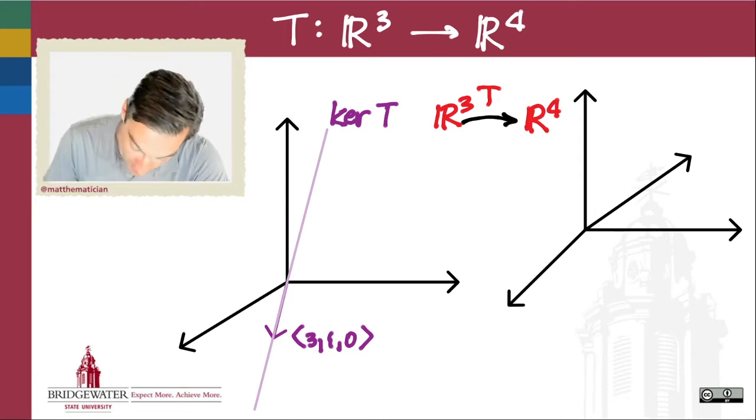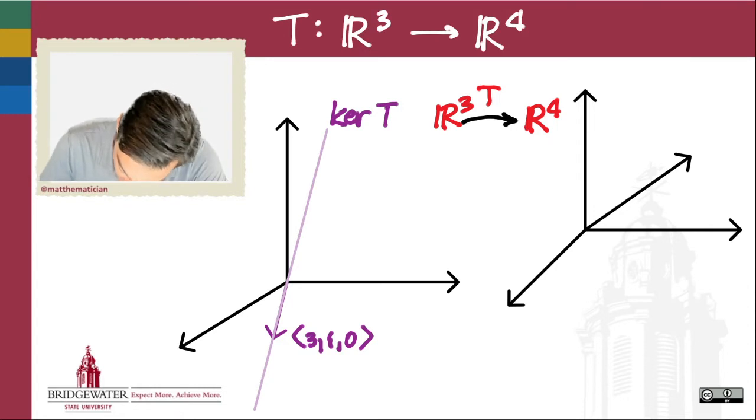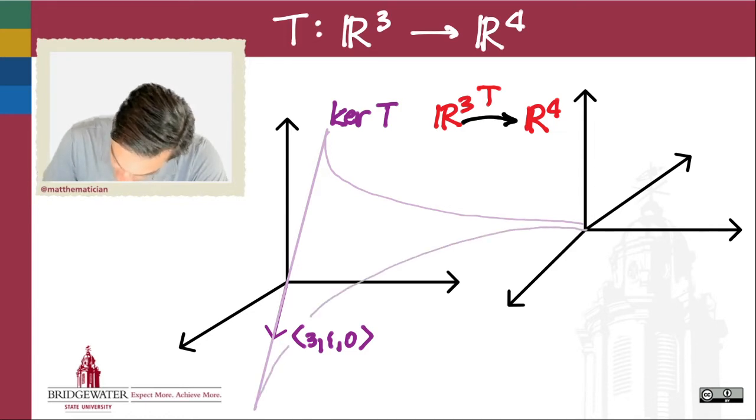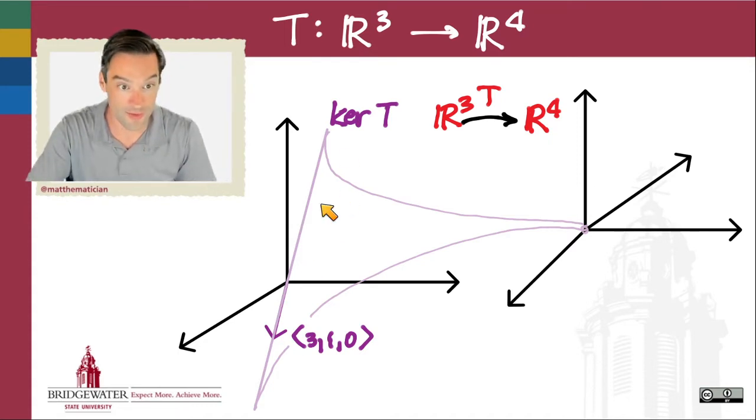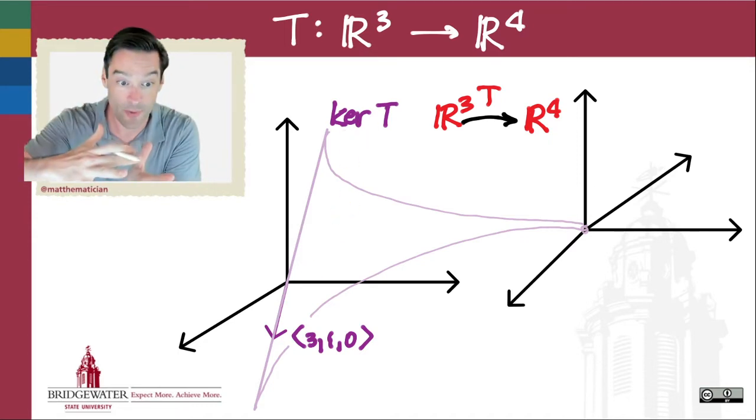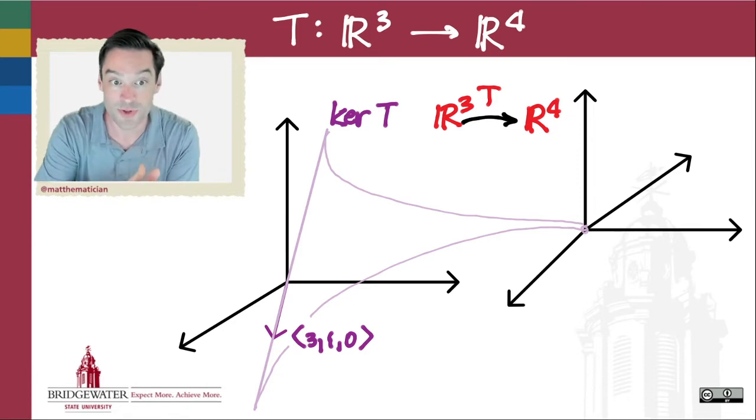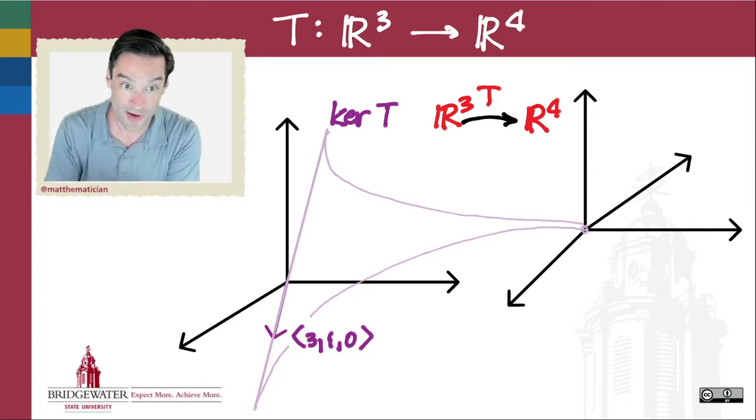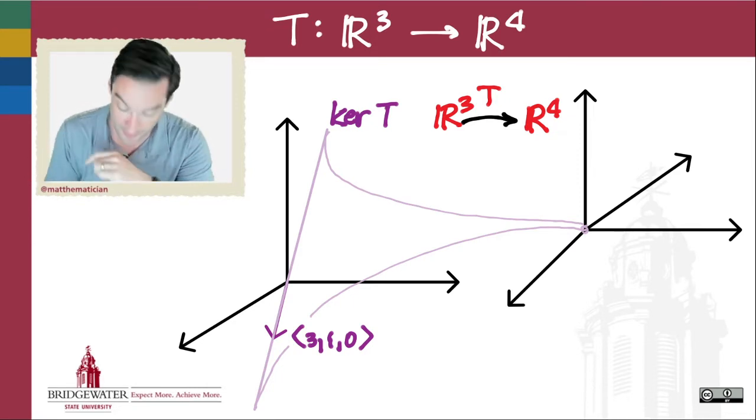The reason it's called the kernel is what the linear transformation does to it: every single point along that span gets sent to the zero vector in the codomain. It's almost like it's squashing. It's taking that whole line going in this direction and just smushing it away, and when I smush it away, it all becomes the zero vector in my four-dimensional context.